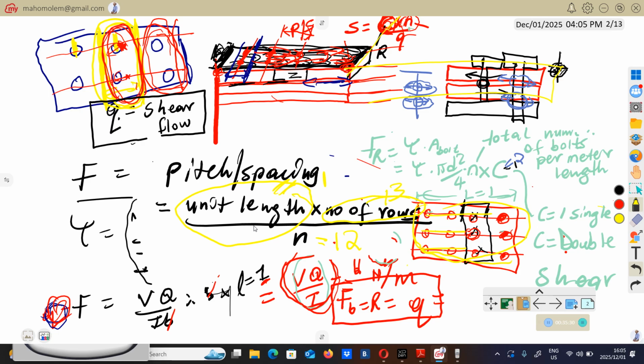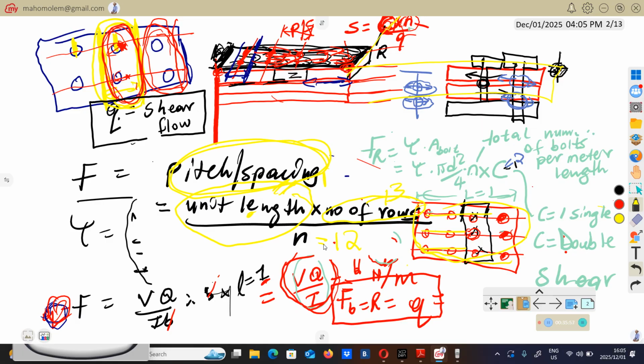Right, that is another formula that you can use to calculate pitch. Remember, pitch equals to this unit length multiplied by the number of rows divided by total number of bolts. Right, so I think now we have a bit of introduction.